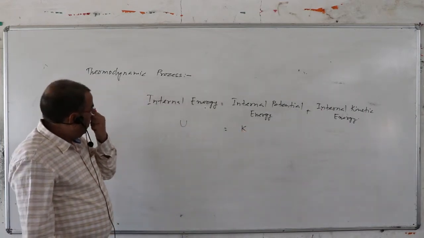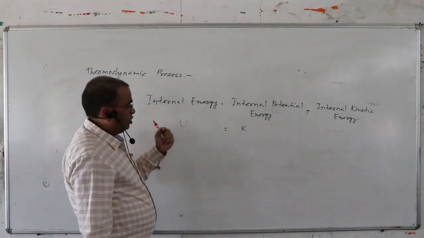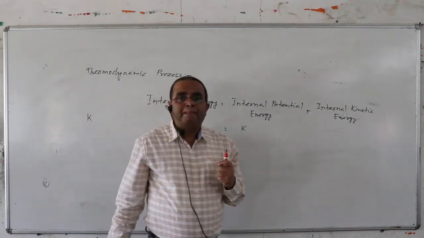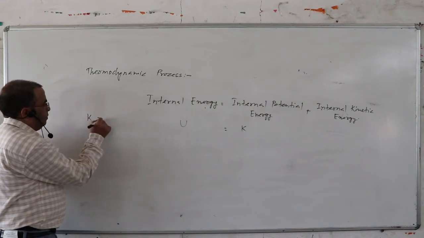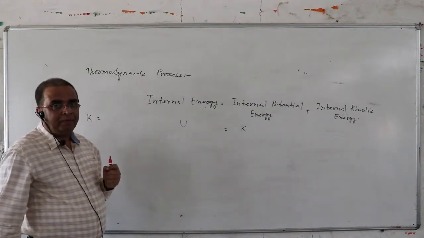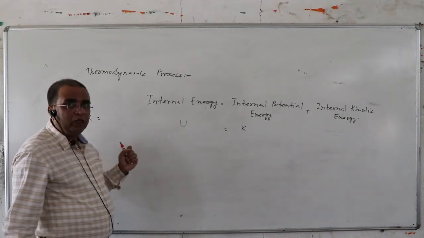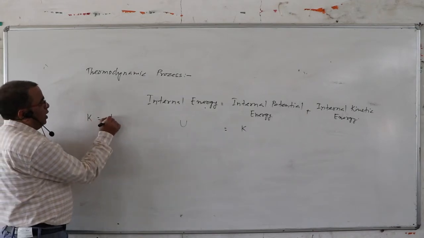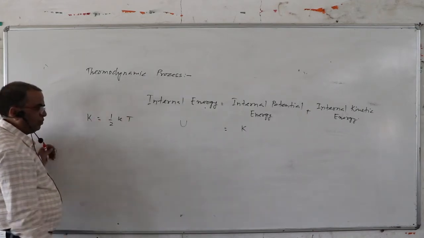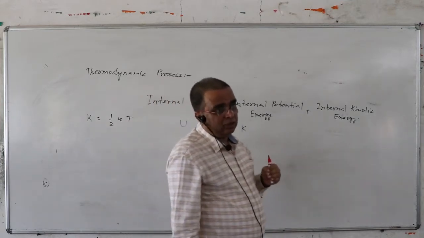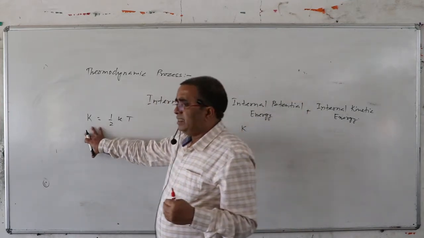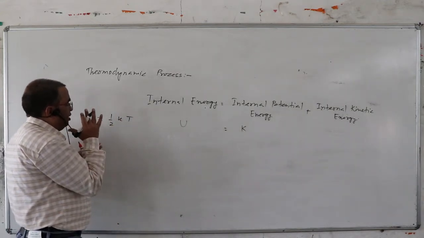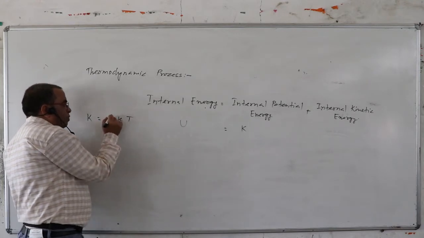If you remember, the law of equipartition of energy states that the kinetic energy of a single molecule of a gas per degree of freedom is half kT, where k stands for the Boltzmann constant.